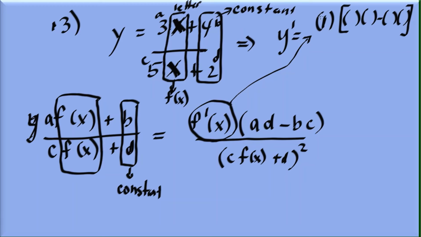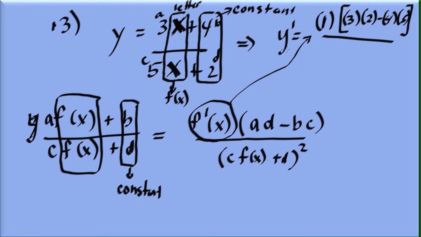So AD is 3 times 2. You see that diagonal, AD, 3 times 2, minus the other diagonal product, B times C, minus 4 times 5.